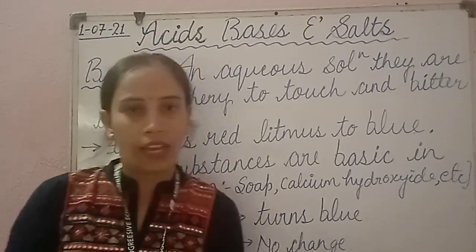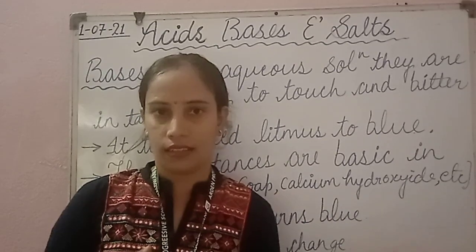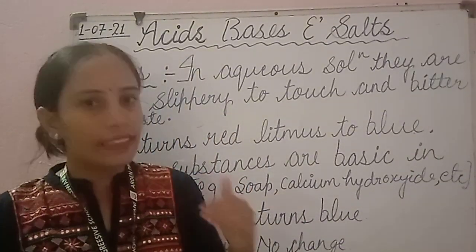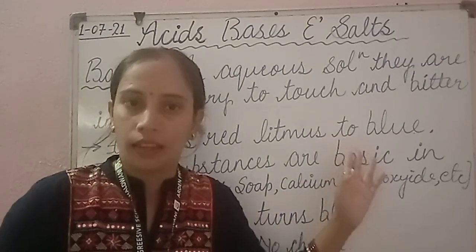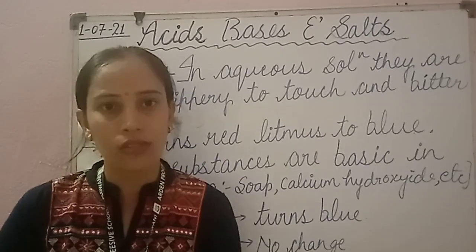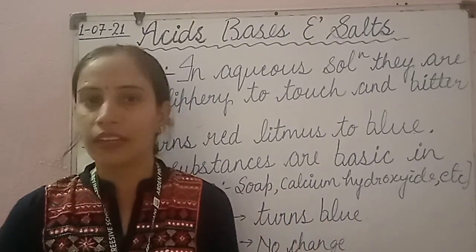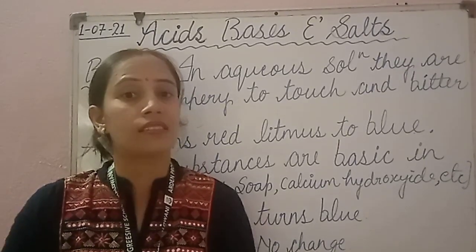So students, we have discussed acids, bases and indicators. Clear, student? The main indicator is litmus. It is a natural indicator. It is present in the form of a solution, where it is of purple color, and it is also present in paper strips.